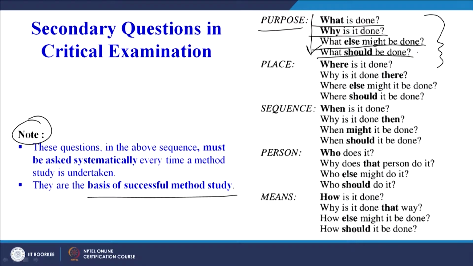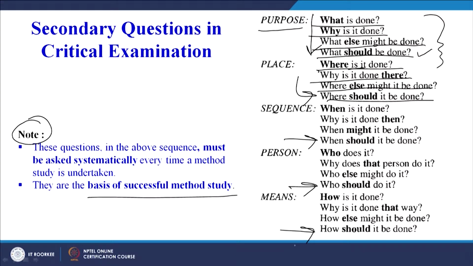we can always find the answer at the last, what should be done. Where is it done, why is it done there, where else might it be done, where should it be done. What should be done, when should it be done, who should do it, how should it be done.